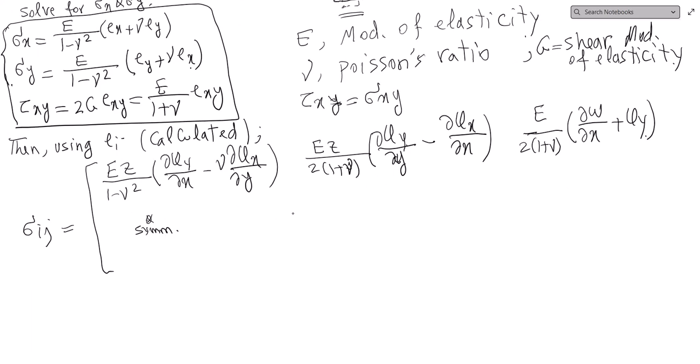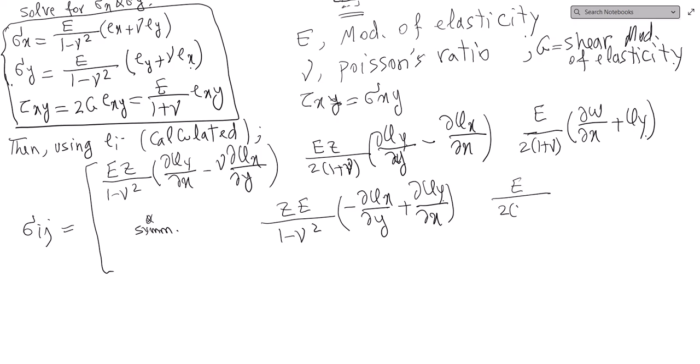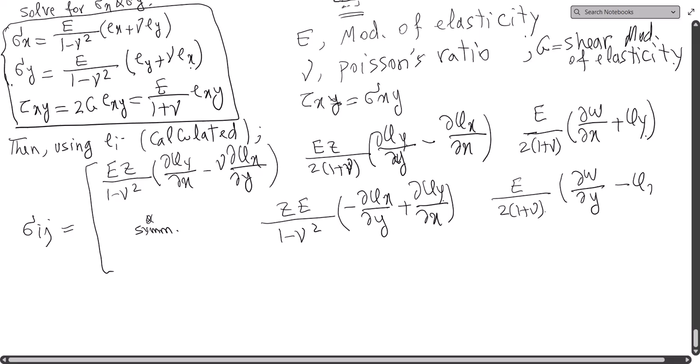Sigma yy becomes Ez divided by 1 minus mu squared, times d phi x dy plus d phi y dx. And the shear on the surface perpendicular to the y-axis becomes E divided by 2 times 1 plus mu, multiplied by dw dy minus phi x.